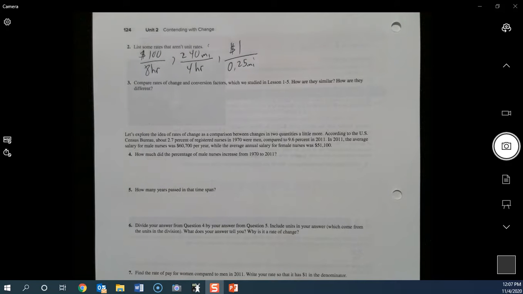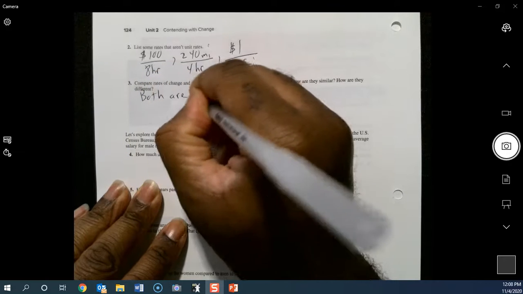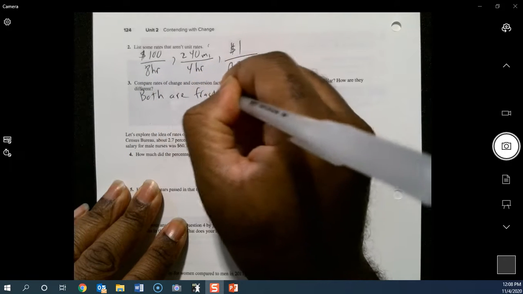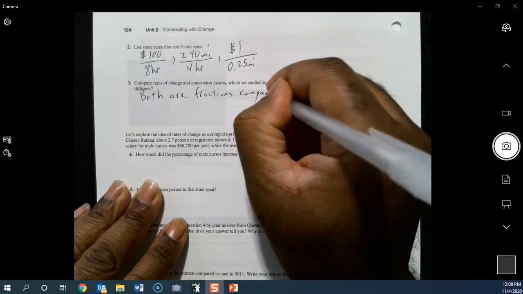Now it says compare rates of change and conversion factors, which we studied in lesson 1-5. How are they similar? How are they different? Okay, now they are similar because both are fractions comparing two quantities.